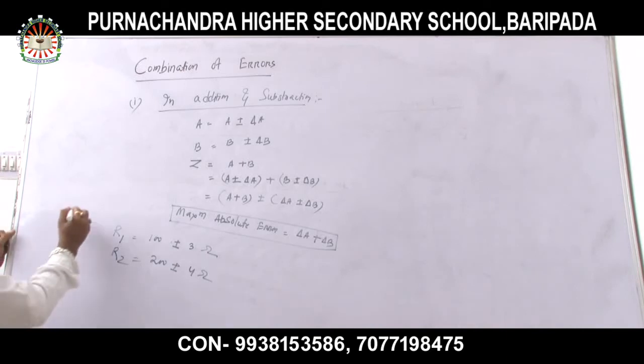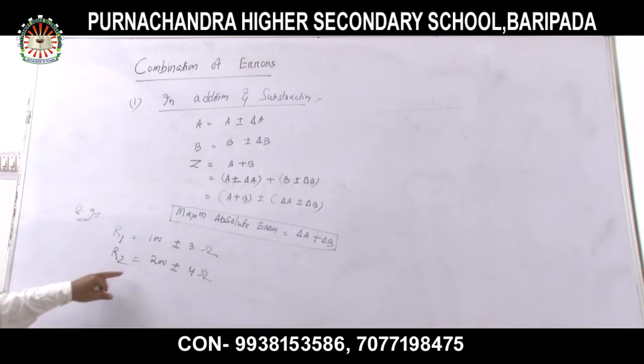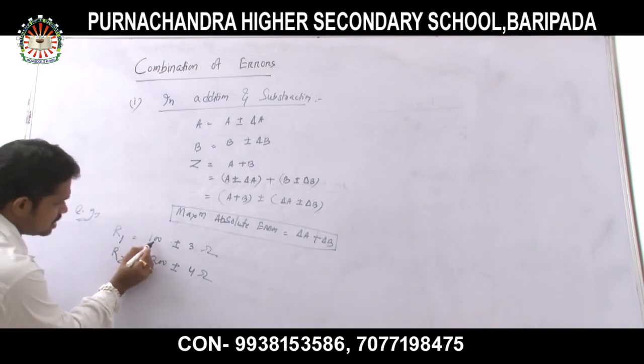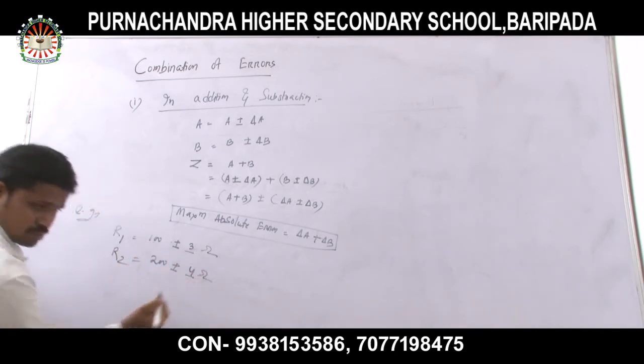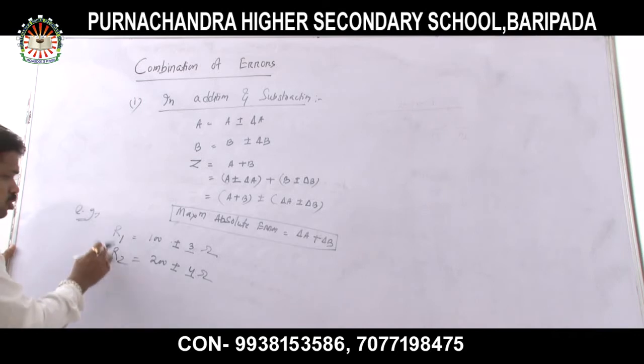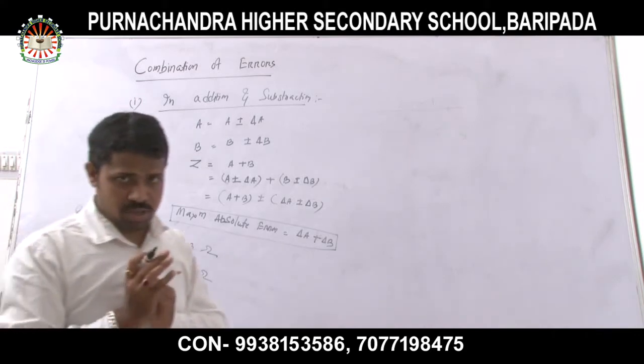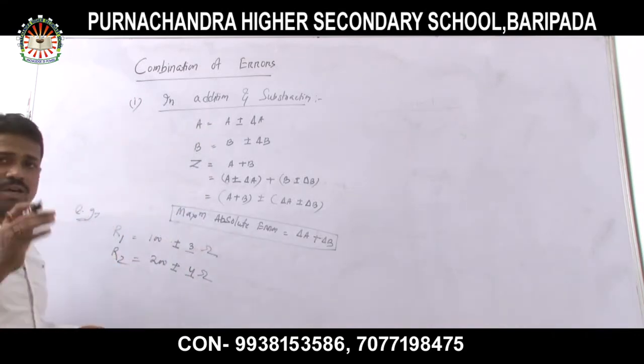So it is clear that R1 and R2 values are not errors; the errors are these two. And these two resistors, R1 and R2, are connected in series.